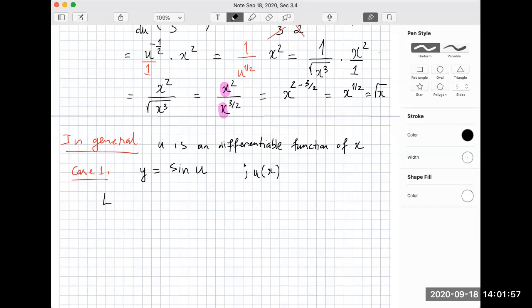So the chain rule tells us what? Dy over dx is dy over du and du over dx, right? And dy over du, what is it?